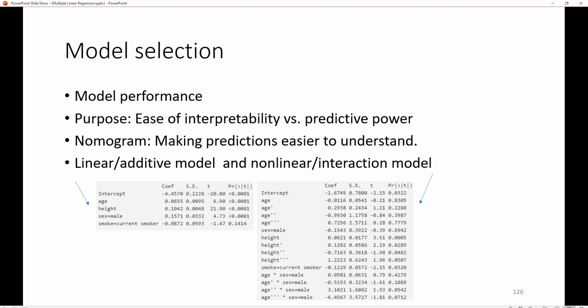We have model performance. The purpose is ease of interpretability versus predictive power. We're going to look at a nomogram, which is making predictions easier to understand. And for the linear additive model and nonlinear interaction model, on the bottom we can compare what they look like.